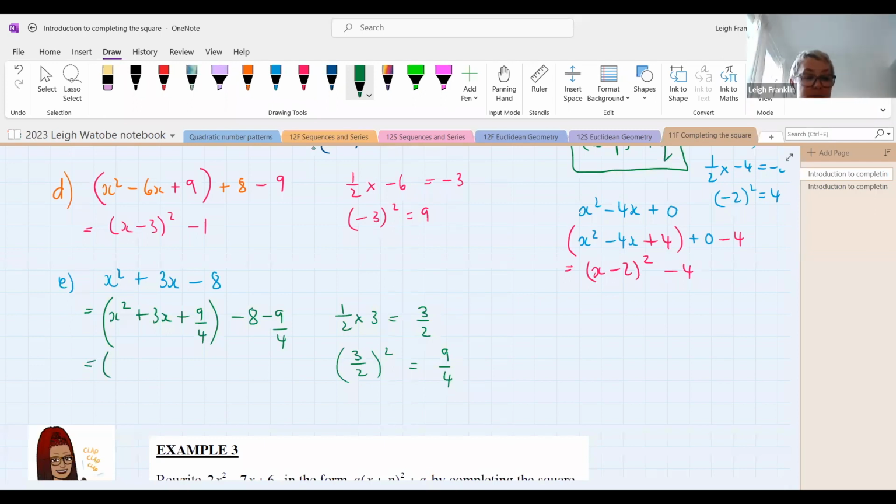This now factorizes to a perfect square trinomial. So this becomes x plus 3 over 2 squared, and then I've got to take negative 8 and subtract 9 over 4 from it. And that leaves me with minus 41 over 4. Okay. Yeah, so you could use the 0 as a placeholder, Simangele, if that helps you.